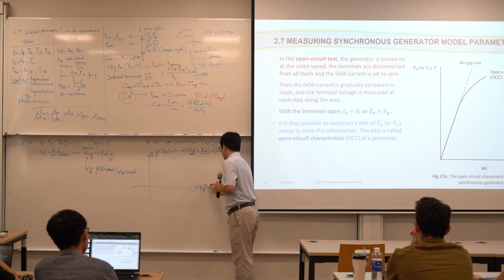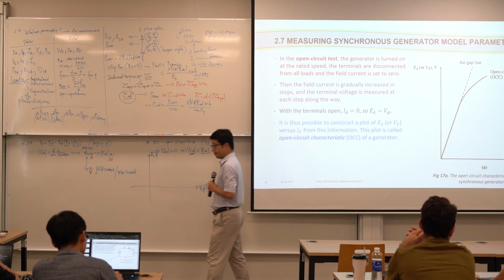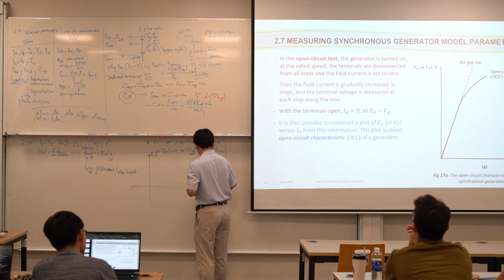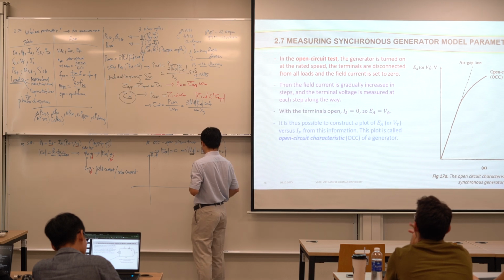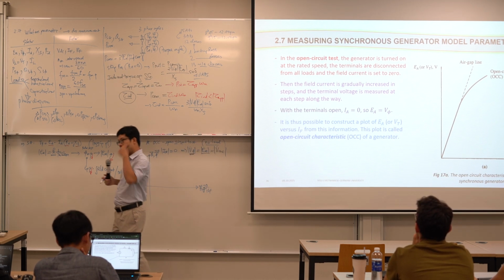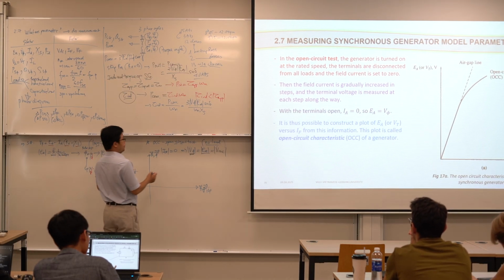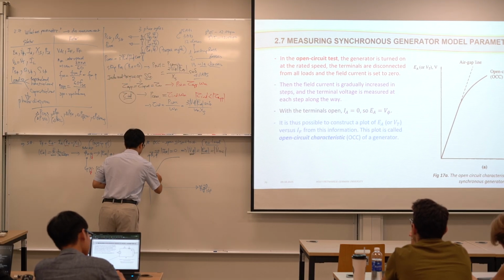What else? We have I. This one is IF. Why IF? Because we have no IA current. So we have the curve like this.